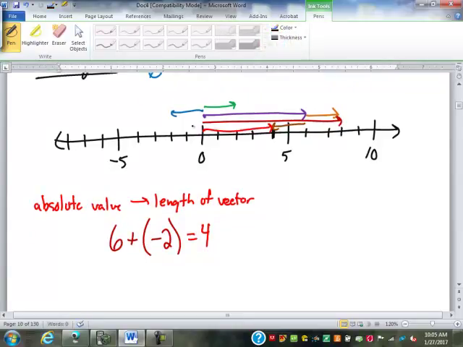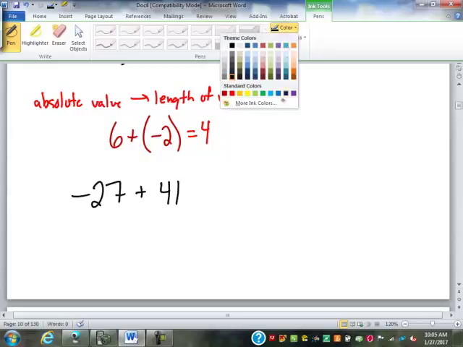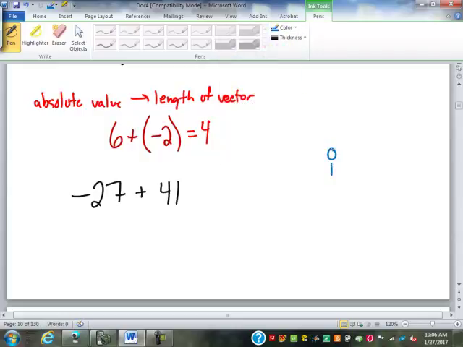Kind of like this. If I were trying to do negative 27 plus 41, what I am picturing is this. Here's 0. Negative 27 goes in the negative direction. Positive 41 goes in the opposite direction, and it's longer. So I'm going to go past. 41 has a bigger absolute value than 27.